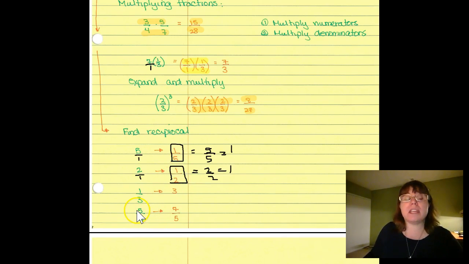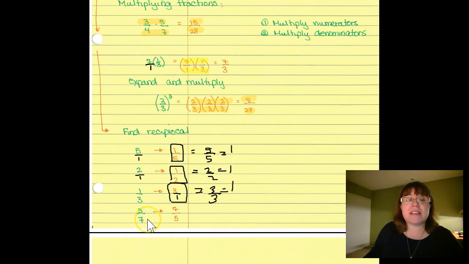Now let's think about it the opposite way. 1 over 3. Well, again, if I use that trick of just flipping it, that's going to be 3 over 1. So my reciprocal of 1 over 3 is 3 over 1. And if you want to double check, 1 times 3 is 3, and 3 times 1 is 3, and that equals 1. And that fits my definition of what a reciprocal is.